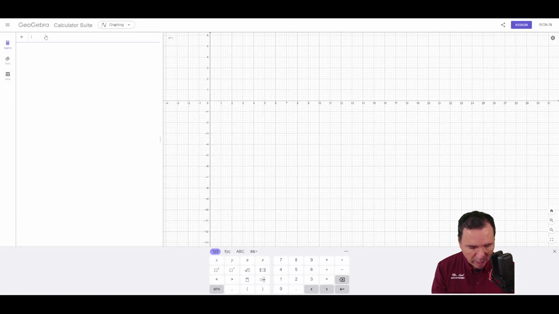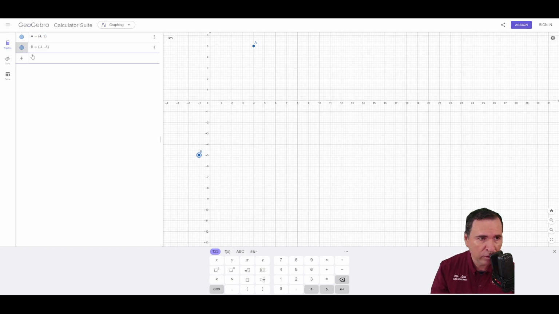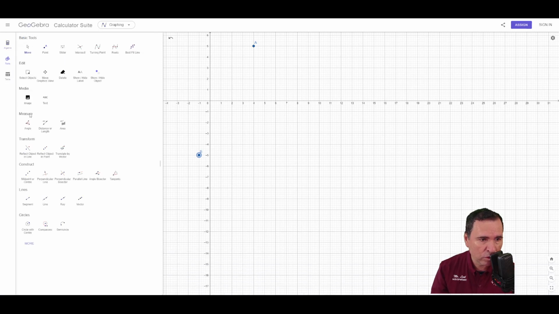If you want to plot it over here in GeoGebra, you can just go parentheses 4 comma 5, and then parentheses -1 comma -5. Then you go to tools, grab a segment, and connect the two dots. And if you want to get the distance, you see right here where it says, where is it?